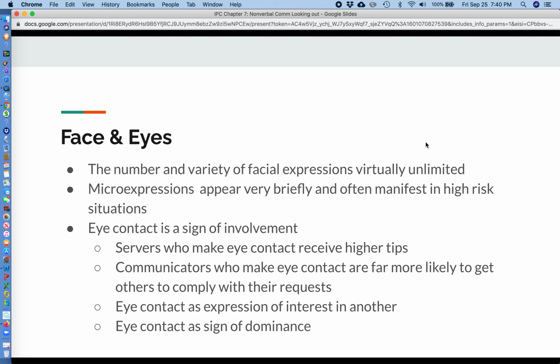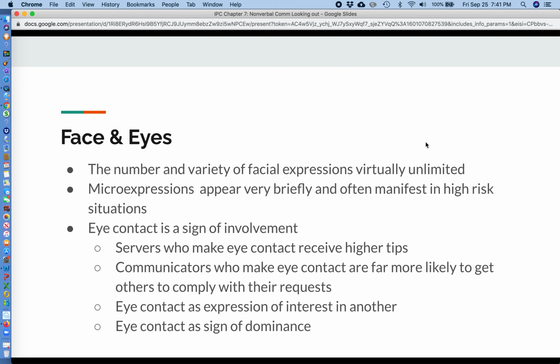So, for example, if I'm really frightened, but I'm trying to cover it up, right? I might leak or exhibit micro expressions of fear, but then quickly correct them, right? So again, micro expressions appear very briefly and usually in high risk situations.